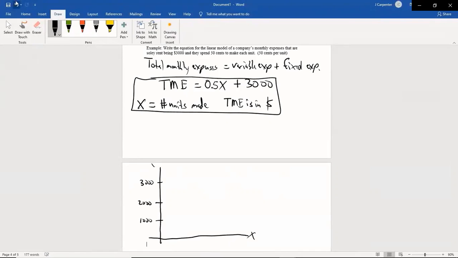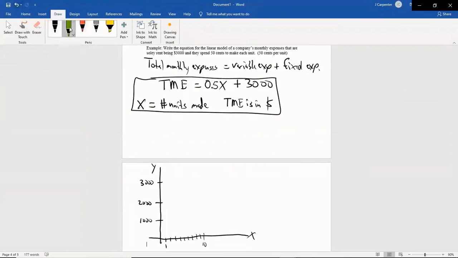I'm not scaling by one here, I'm scaling by thousands on the y-axis. But on the x-axis, I can scale them as 1, 2, 3, 4, 5, 6, 7, 8, 9, 10, et cetera.